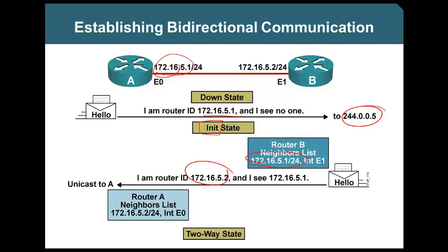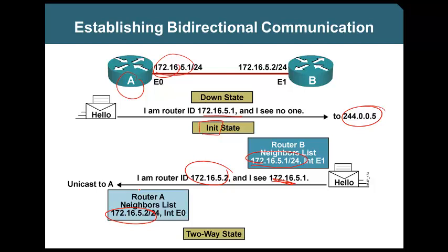Now, when this is received on router A, it understands that router B already knows me. And router A now knows about B from this incoming hello packet, which means he knows me, Bala knows me, I also know Bala, which means two-way relationship. I also know him now.